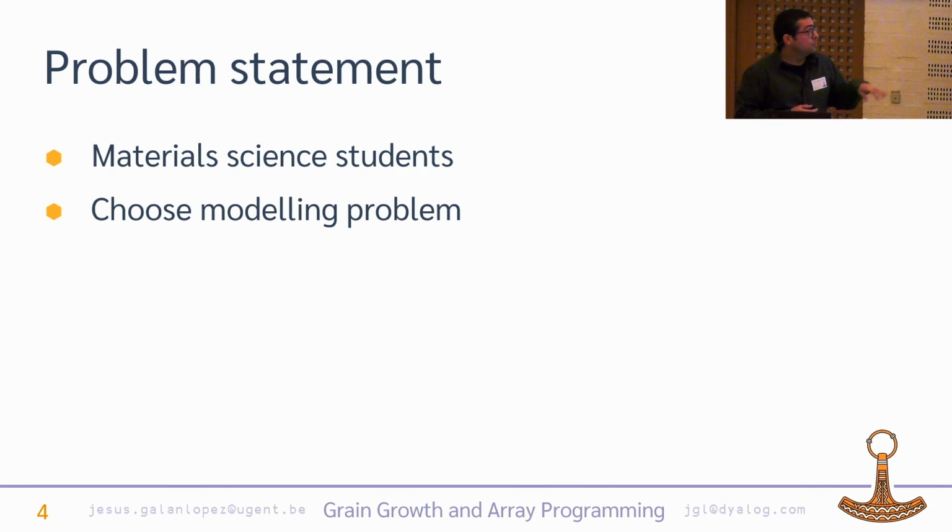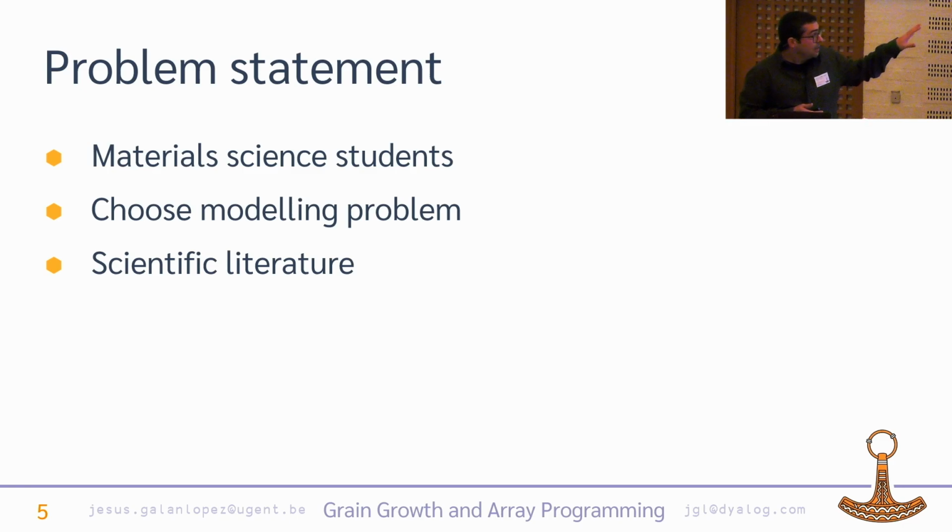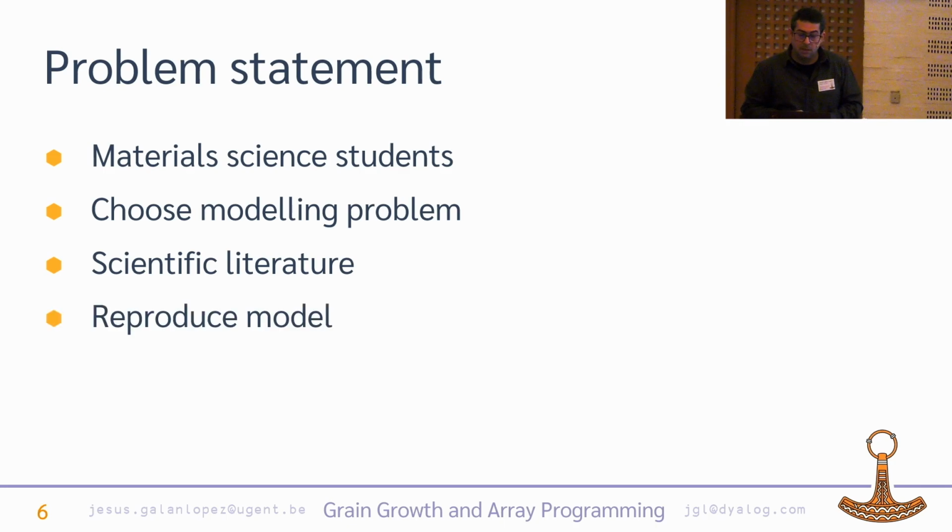They have to choose some modeling problems. So it might be grain growth, maybe phase transition, maybe some mechanical deformation. And then they have to find in the scientific literature some paper that describes a model to simulate that process. And they have to reproduce the results of the paper as well as they can.